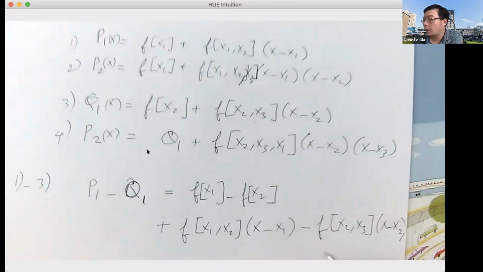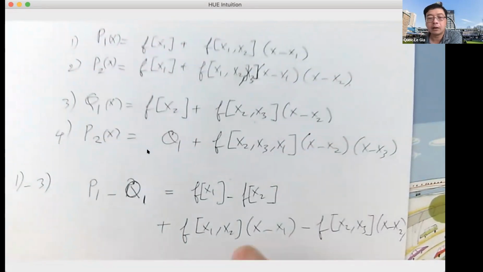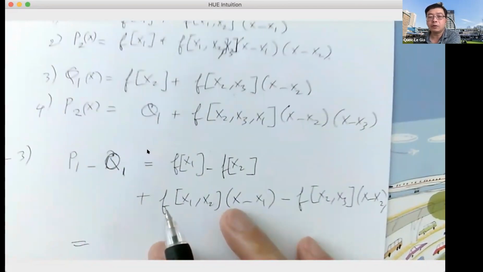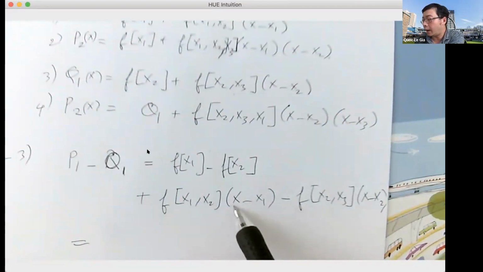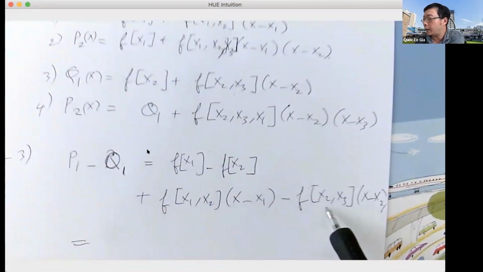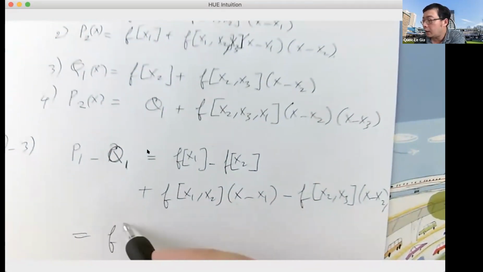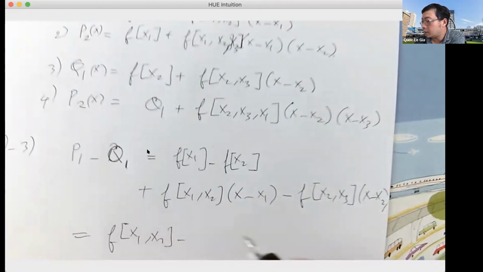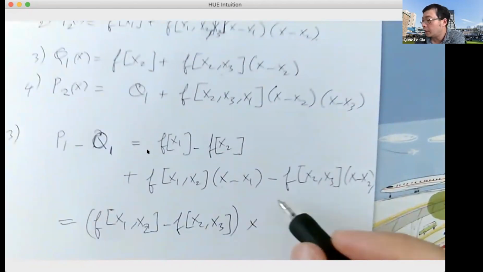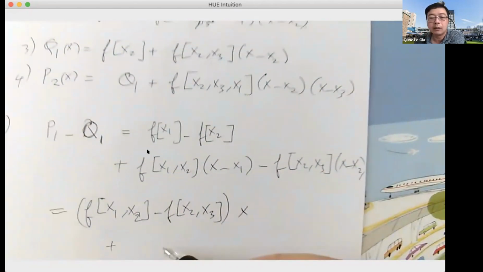Okay, and now if you just consider the x term, then the coefficient for that will be f[x1, x2] minus f[x2, x3], times x, and then plus some constant.